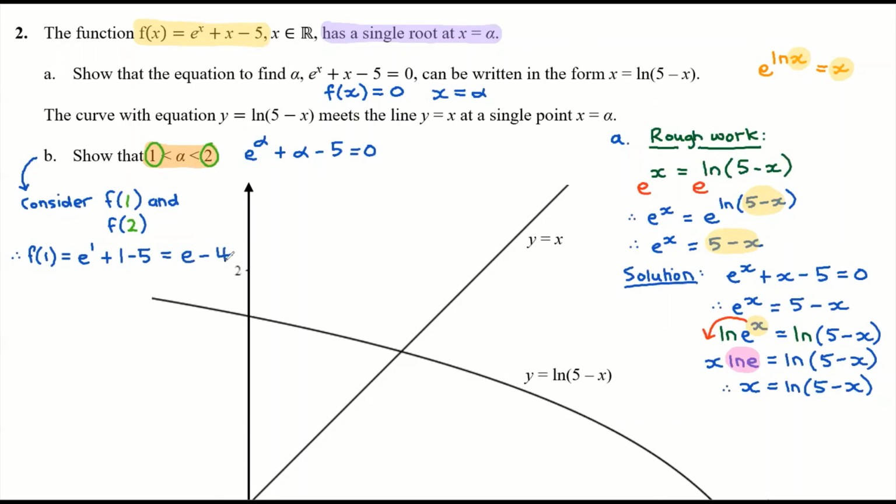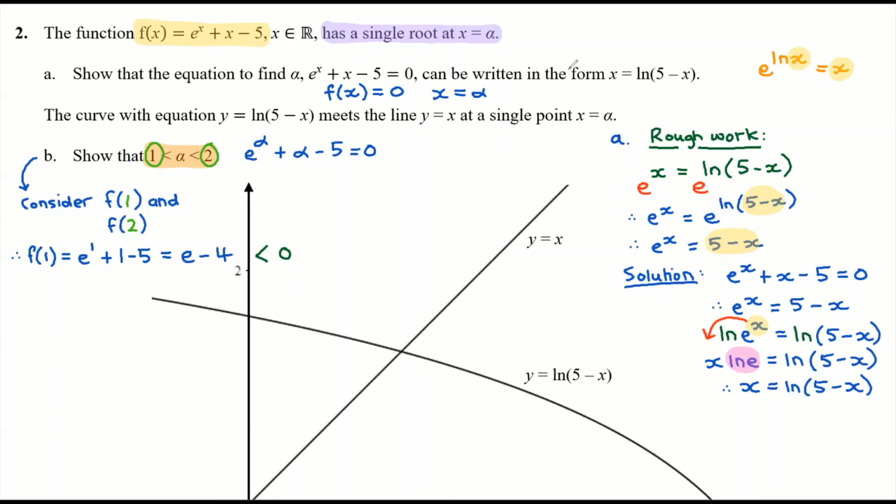Now, you don't necessarily need to use a calculator here. If you know what the value of e is, it's about 2.7. So we know that 2.7 subtract 4 is going to be negative. So I can say with confidence that this is less than 0. So what I'm hoping for now is that f of 2 is going to be positive.